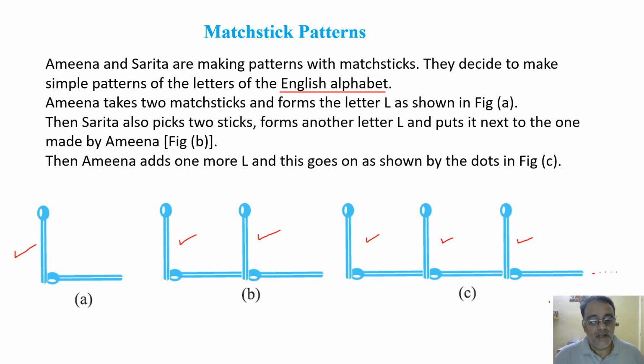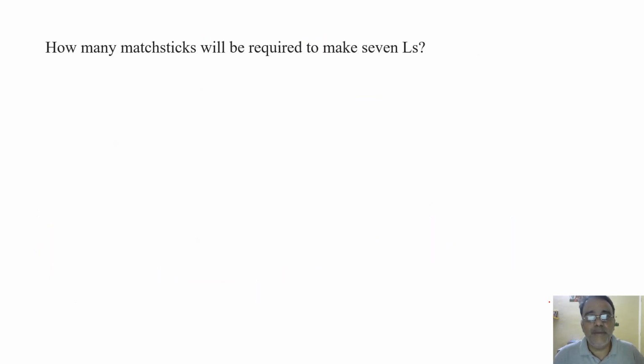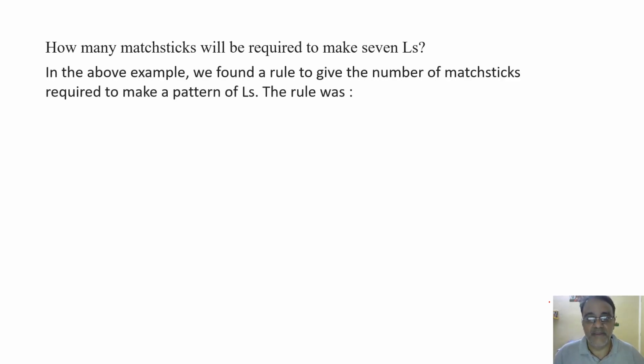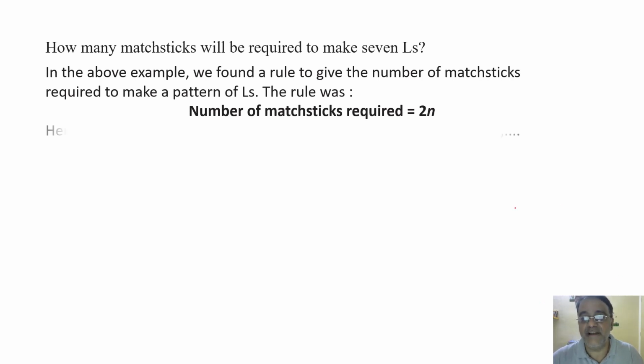So now let us see how many matchsticks will be required to make 7 L's. We have seen that for 2 L's it is 2 into 2, 4, and for 3 L's, 2 into 3. So we can make a rule. The number of matchsticks required for n number of L's is 2 into n, where n is the number of L's.